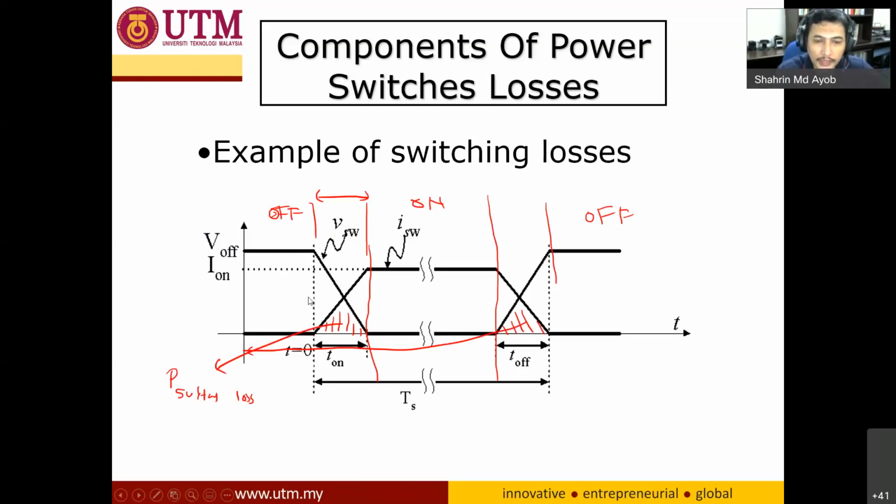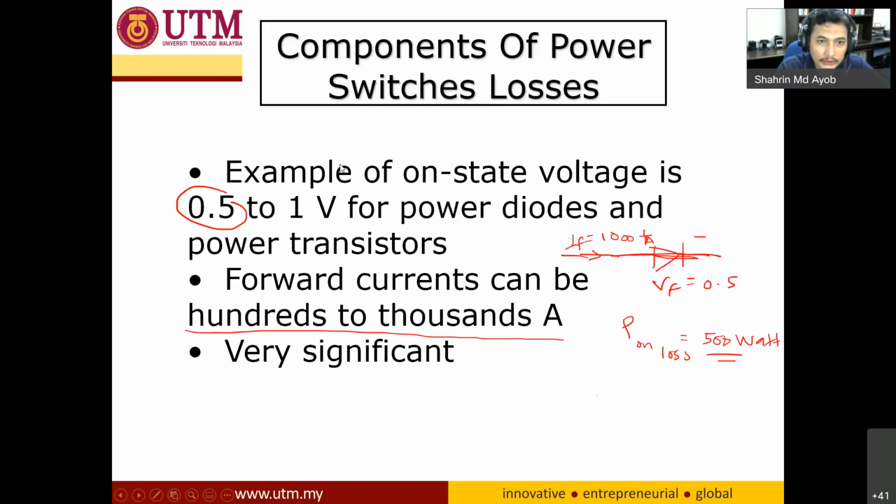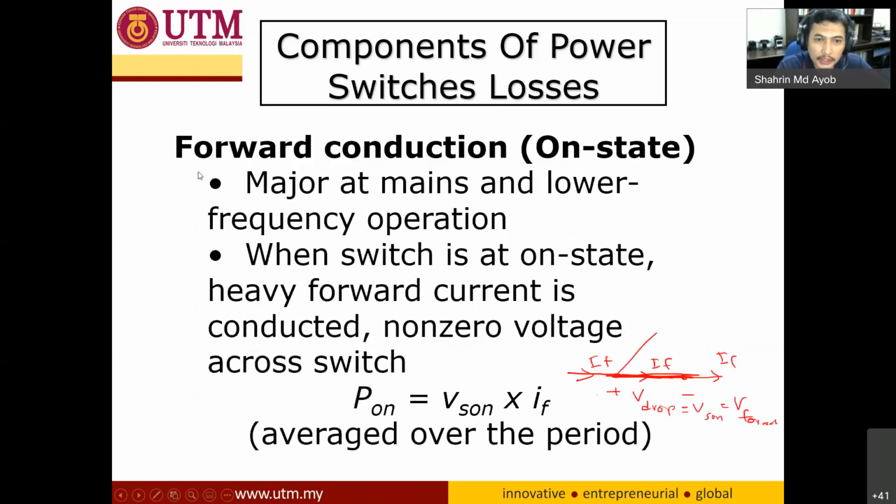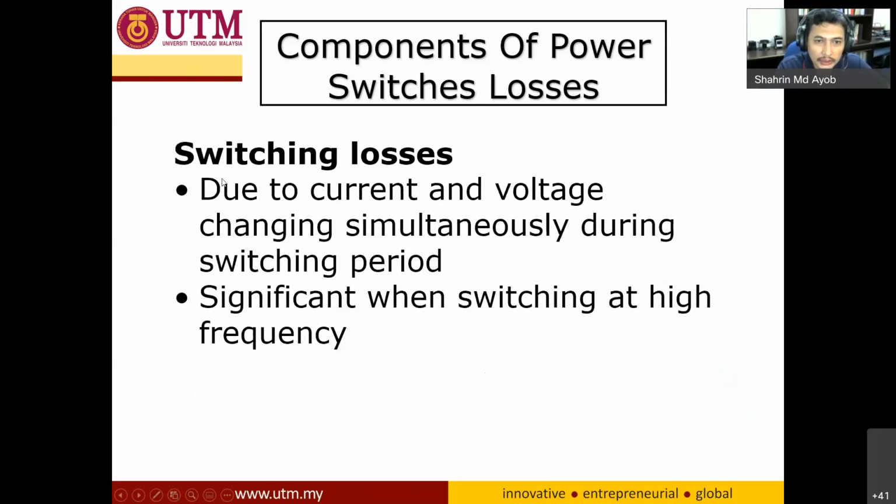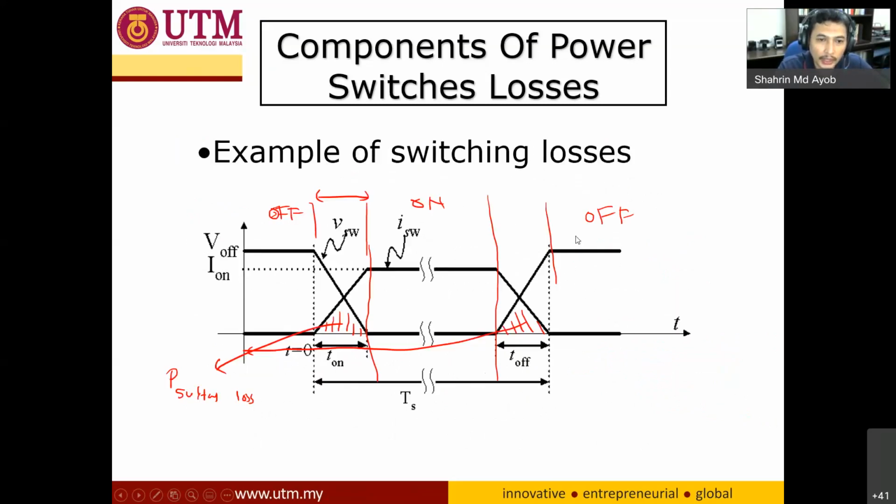If you switch at a very high switching frequency, there are more switching losses. The on-state losses are measured at lower frequency operation, while the switching losses are very significant when you switch at very high switching frequency.